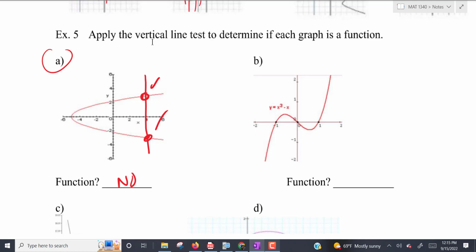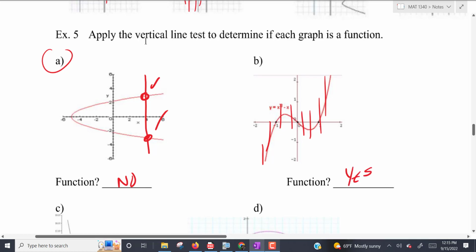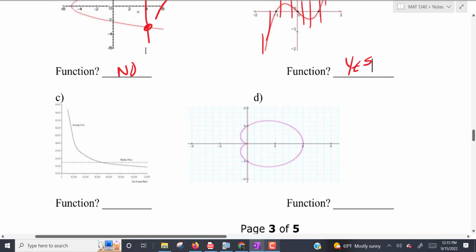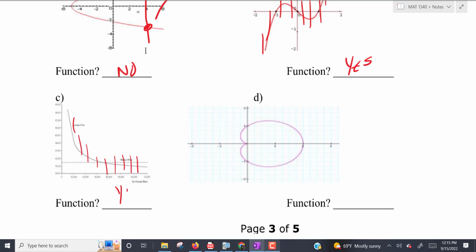That's a yes. Every time you draw a vertical line, it's only going to go through 1 point. That's what a function looks like. Every input, every x, has exactly 1 y. How about C? What do you think on that? Yeah, okay. Every vertical line goes through 1 point, so that's a yes. And then how about D?